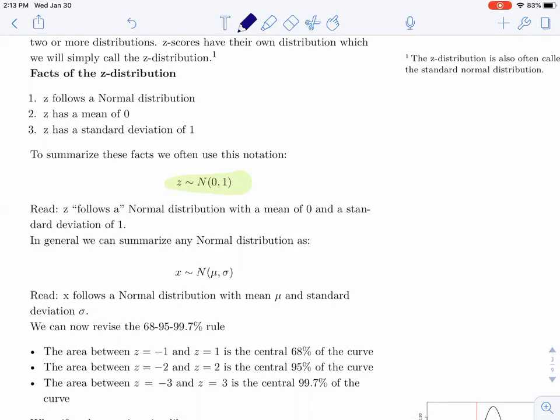The follows is the one that throws people for a loop, the little tilde. It's just shorthand for follows up. That's nice and condensed. So in general, for any distribution of x, we can write x follows a normal distribution with a mean mu and a standard deviation sigma.